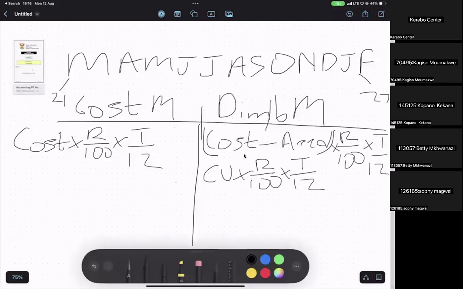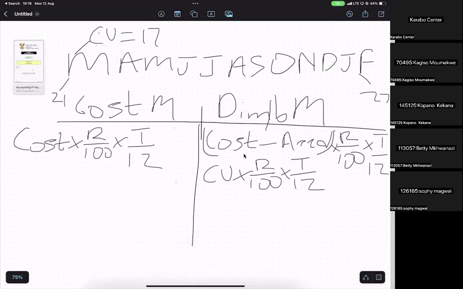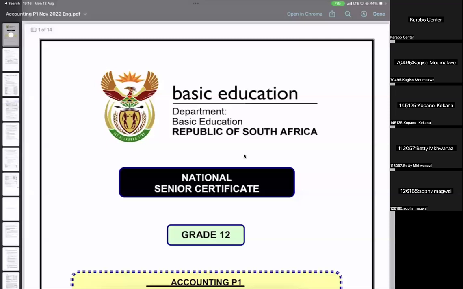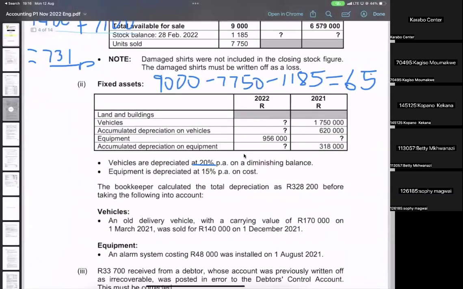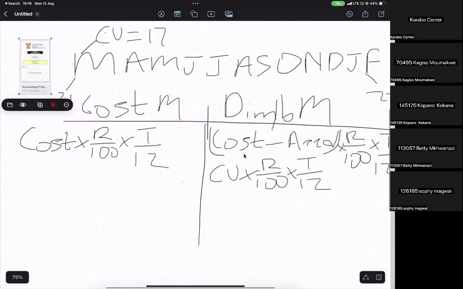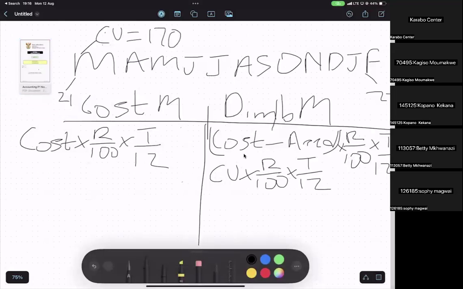On this date here, it had a carrying value of how much? Of 170,000. So on 1 March, it had a carrying value of 170,000. So this is the carrying value.